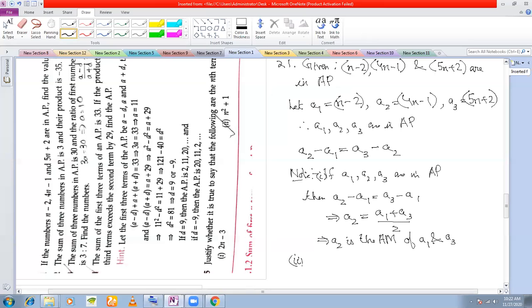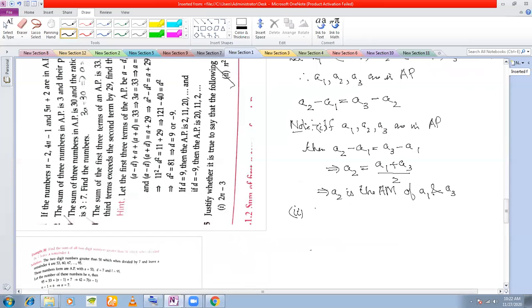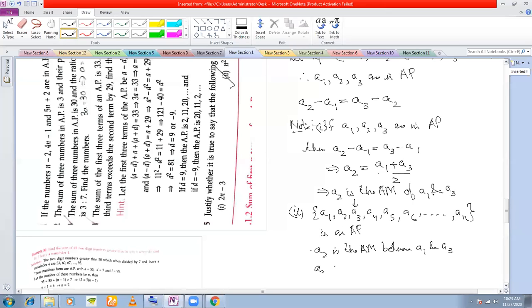Note number two is that if many numbers are in AP, suppose A1, A2, A3, A4, A5, A6, and so on up till AN is an AP, then we say A2 is the AM between A1 and A3, arithmetic mean between A1 and A3. A3 is the arithmetic mean between A2 and A4.